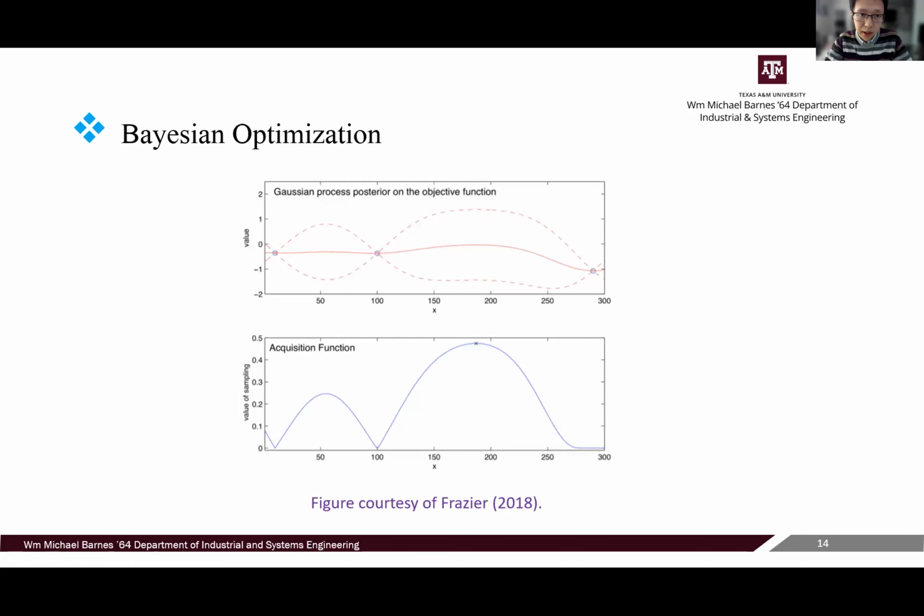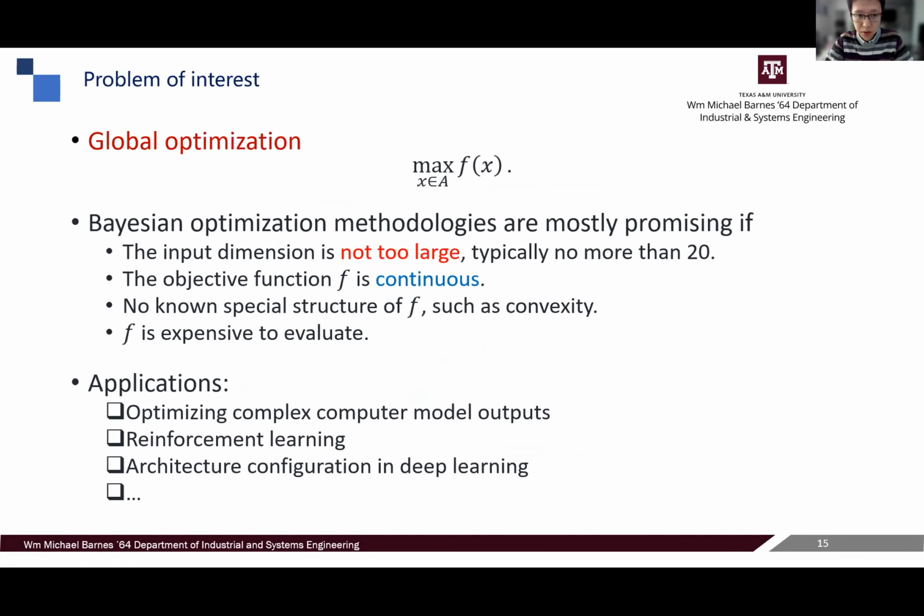Another method I like to mention is so-called Bayesian optimization, which is also a popular method nowadays in machine learning. The goal of Bayesian optimization is to do global optimization of a complex black box function. Think about if this F is your computer simulator, and your goal is to find the input value which maximizes your output.